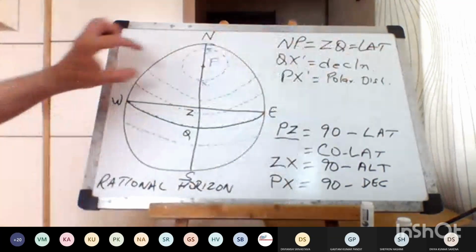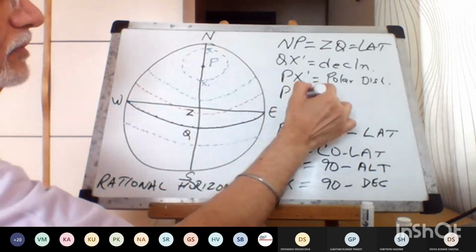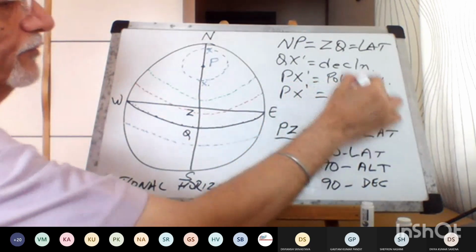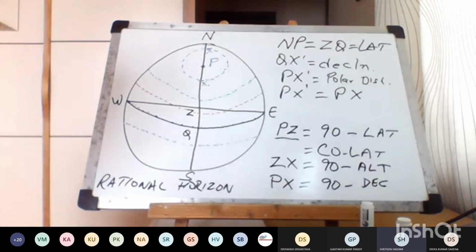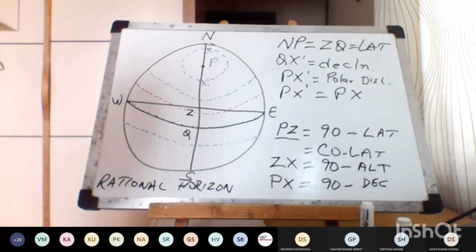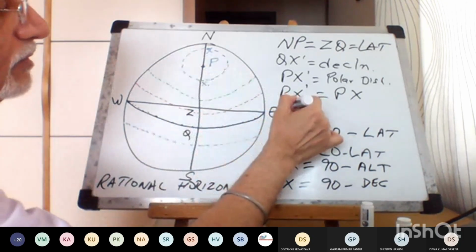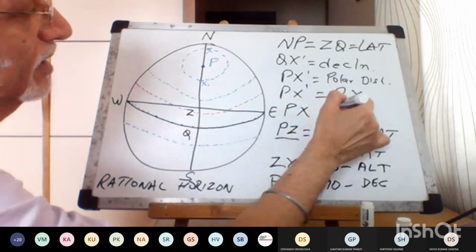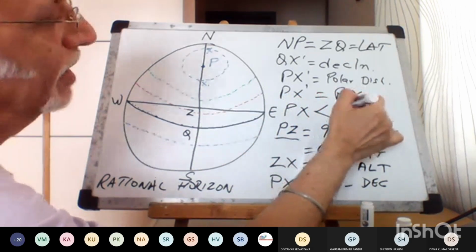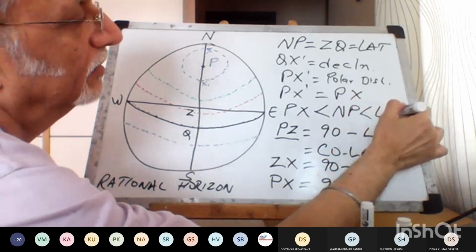Okay. Is PX1 equal to PX? Is PX dash equal to PX? Yes, sir, because the body declination has not changed, no? So it is the same, it made a circle. So can I say PX is less than NP, is less than the lat?